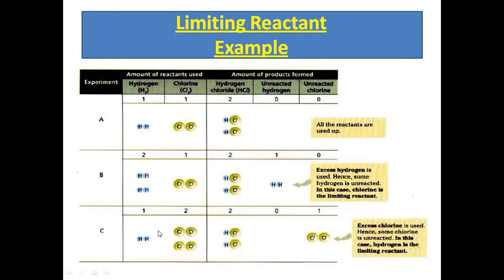But in the third example, if we have more moles of chlorine and 1 mole of hydrogen, when they react together, the complete utilization of the hydrogen takes place, and they react to form 2 moles of hydrochloric acid and 1 mole of chlorine remains left. So in this case, chlorine is in excess and hydrogen is our limiting reactant because it is completely used up.